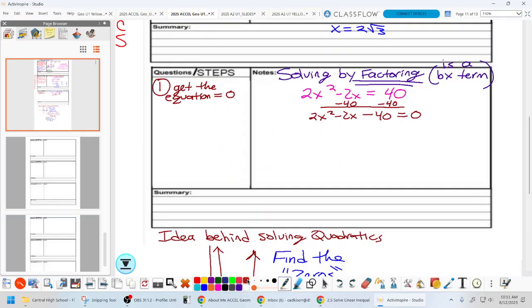Step 2. Well, we are about to embark on a factoring journey, so what should we do first? GCF, right? If there is one, pull it out. Is there one here? Yeah. Write it out front.